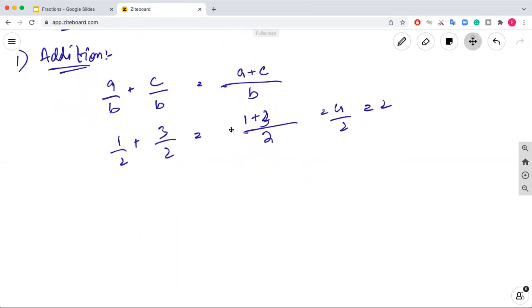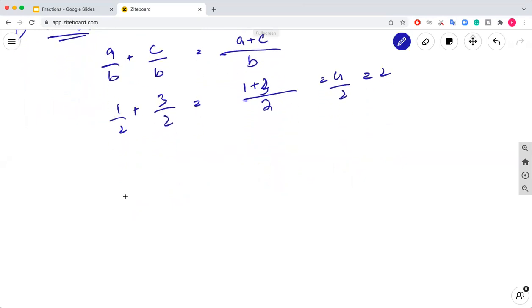But if you have different denominators, for example 1 over 2 plus 1 over 3, first take the LCM of the denominators. What is the LCM of 2 and 3? That is 6.